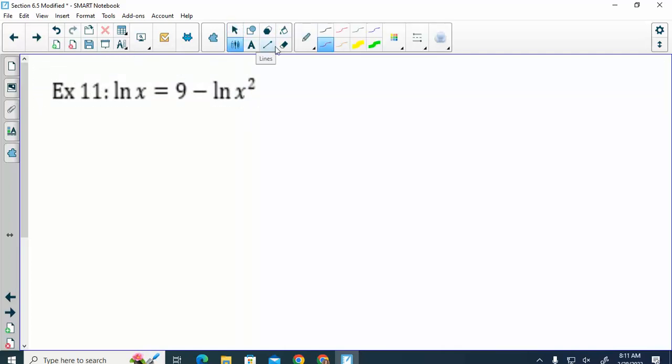Okay, so if I'm looking at this one, we have multiple logs again, but does everything have a log? No. So let's try to get those logs together. What would I do? Add over the natural log of x squared. If these logs are added, how do we combine them into one?